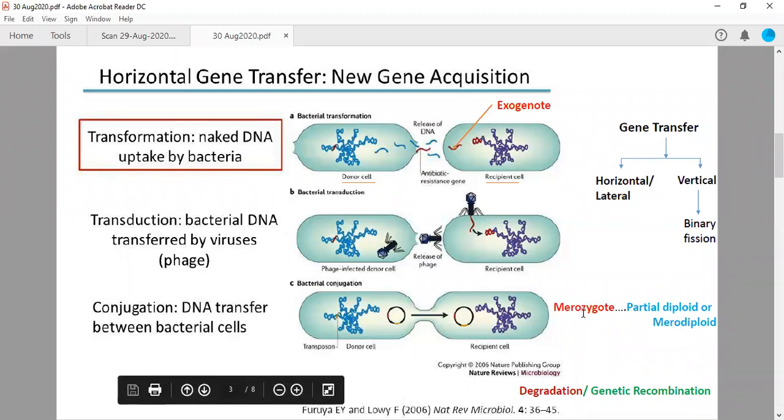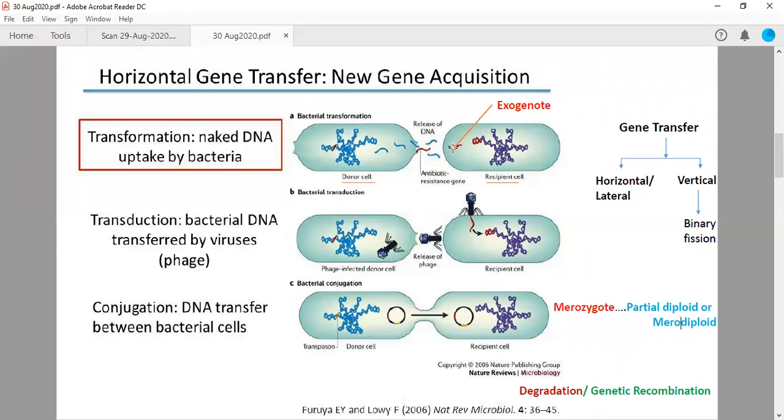Now, what is merozygote? This particular fragment may possess some genes which are present in two copies, one copy on this exogenote and one copy on this endogenote. So there are two copies, but only for some genes.